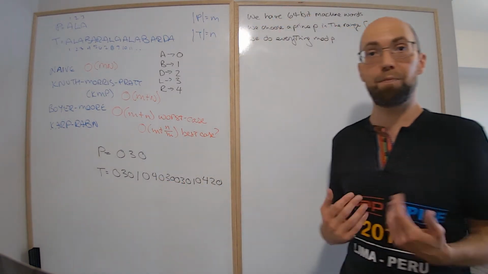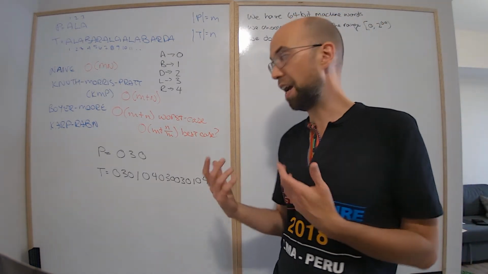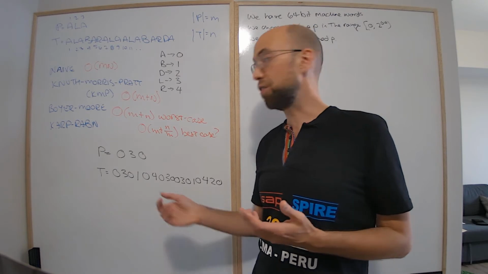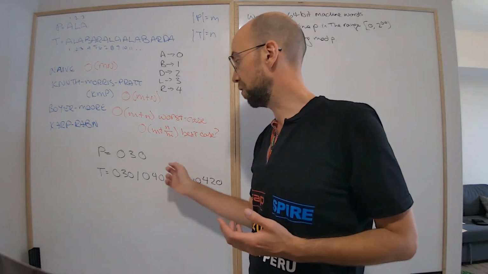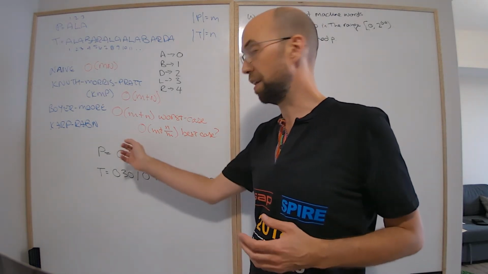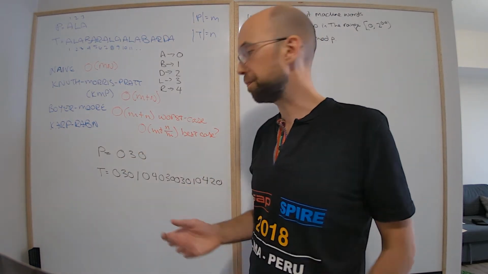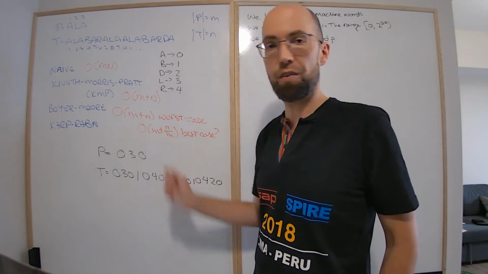So when you do mod P, it's the same. If you have x mod P and x mod P, it gives you the same number. So you're going to say, oh, this looks like it could be this. I get the same number mod P. And then you do this comparison.